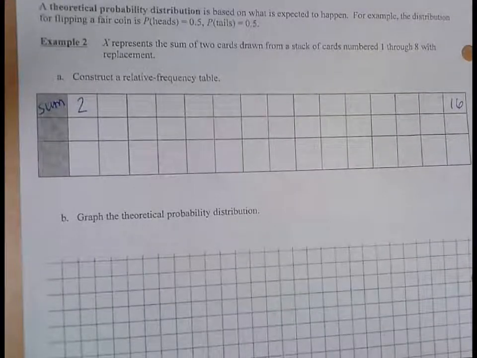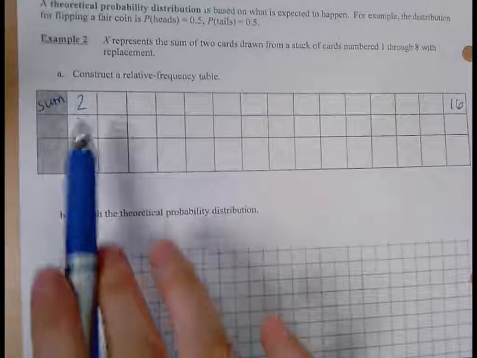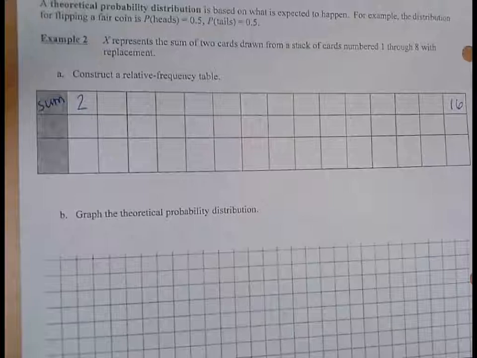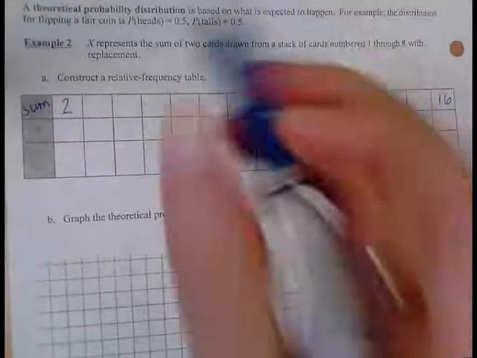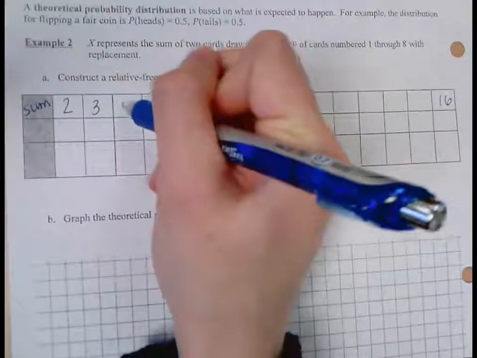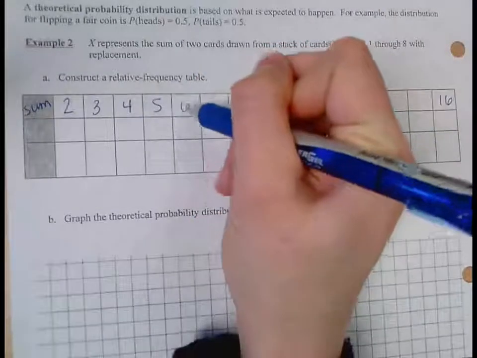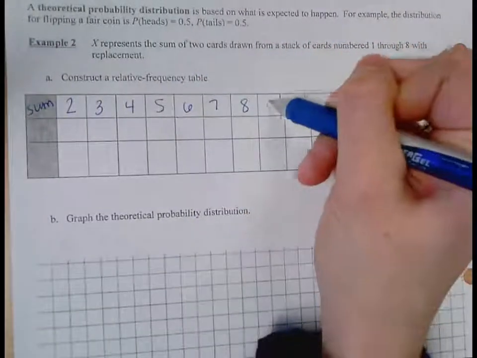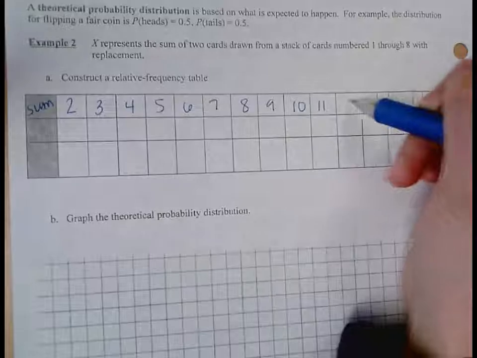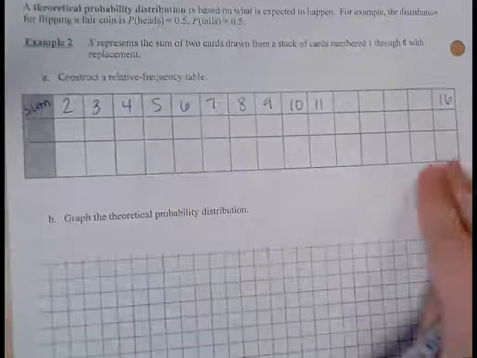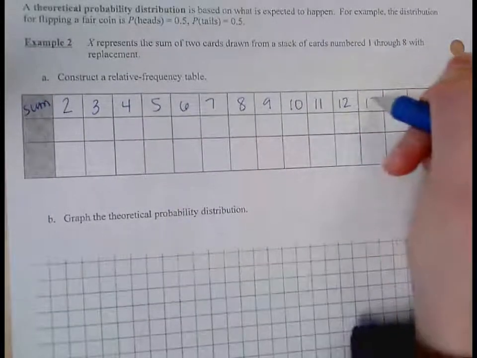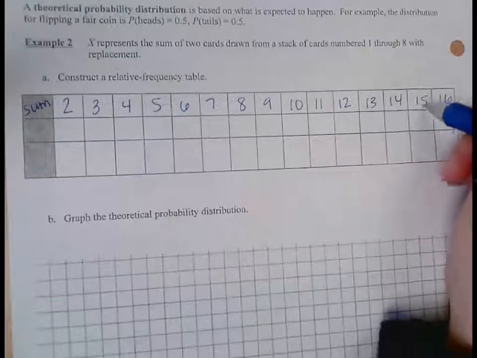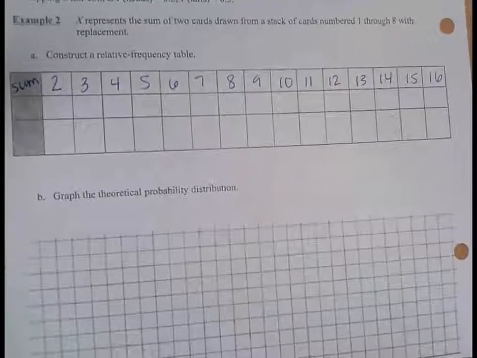And then really, we're going to be actually writing this all out. You could get any number in between in this case. So we could get a 3, 4, all the way up through 16. Now, this isn't the case for everything, where you think of the lowest you could get, the highest you could get, that every number could occur. We will actually see that every number occurs when we work this out.